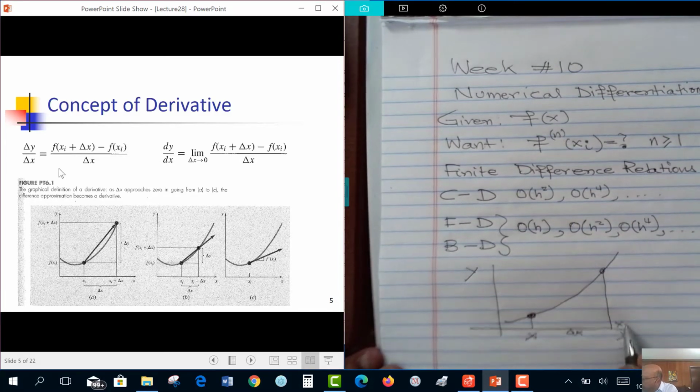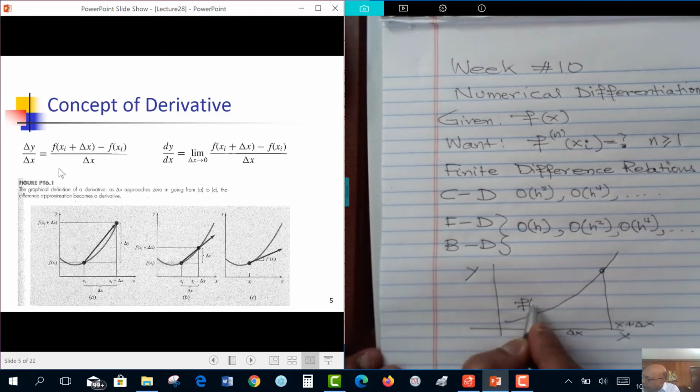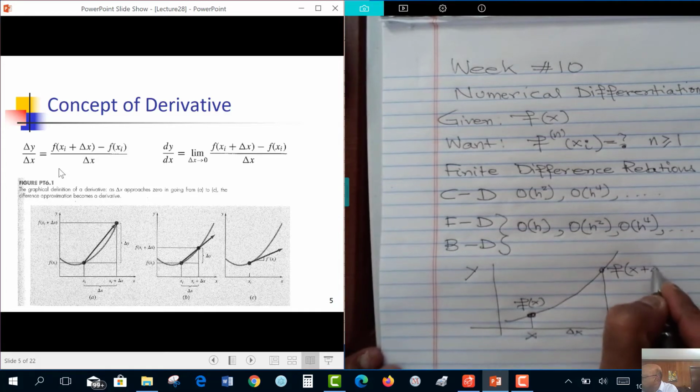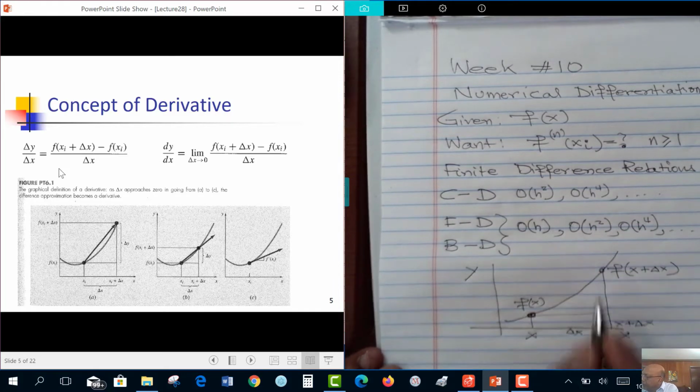So this is x plus delta x now. This is the function at x. This is the function at x plus delta x. So we defined our delta y over delta x as delta y is just the difference in two function values.